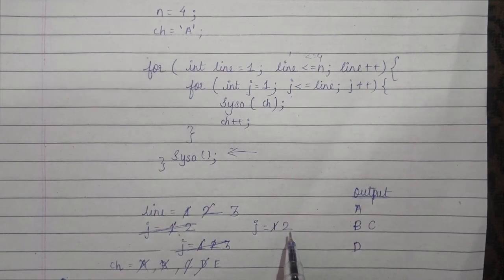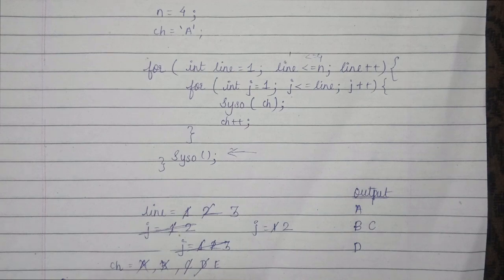j's value is 2. Is 2 less than or equal to 3? The condition is true, then it will print the character. The current character is E. Then the character gets updated. Now the character value is F. Now it will check again: 2 is less than or equal to 3, the condition is true.